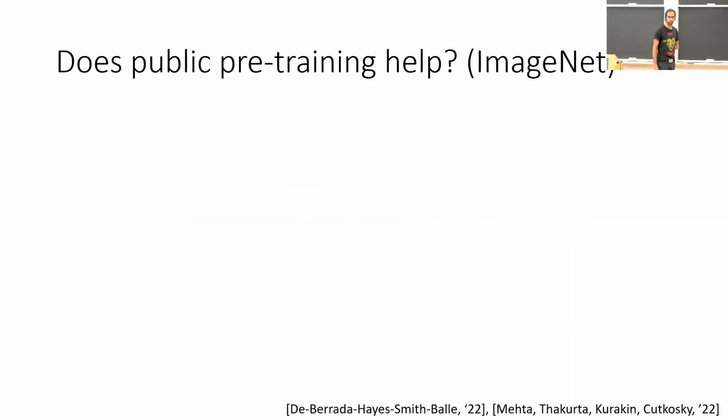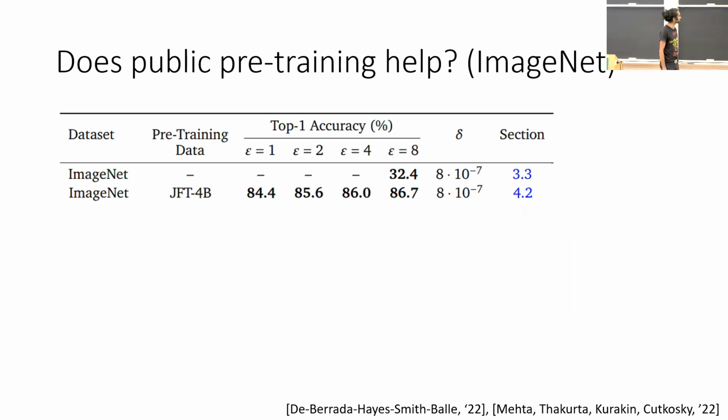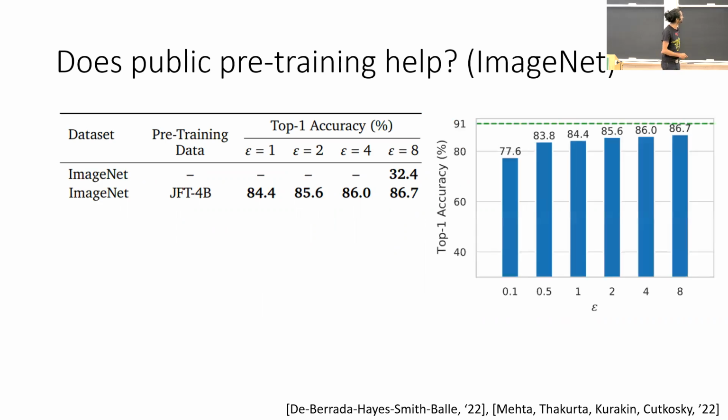And let's go on to the big league. Let's talk about ImageNet. For ImageNet, it's even more dramatic. Here's a bunch of different plots. This first line is what I quoted you: if you only have privacy and no public data, then 32.4% is what you can get.